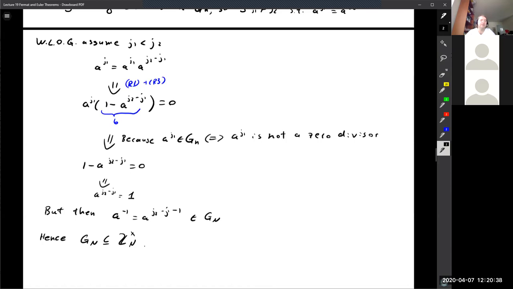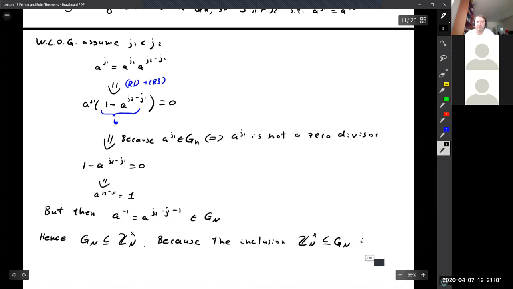Well, because the other inclusion is immediate: the inclusion Zn cross subset Gn holds by construction, essentially by definition. We conclude that these two sets actually coincide.